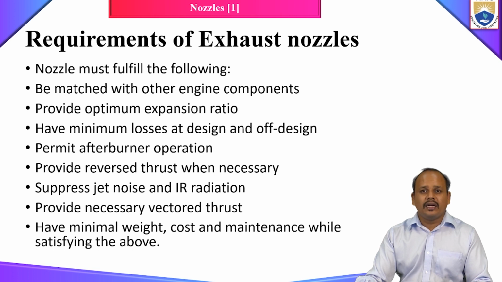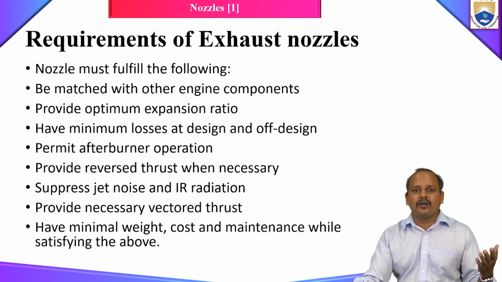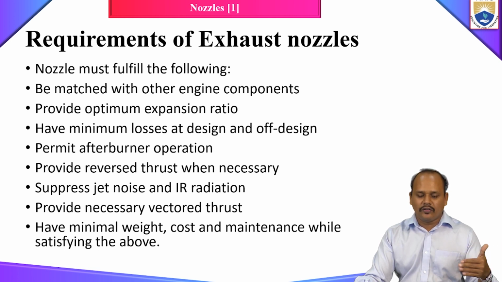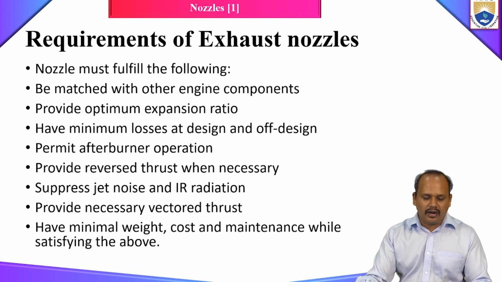And it should provide the necessary vector thrust. For example, in fighter aircraft, if you go with the conventional aileron and flaps for the maneuvering of your aircraft, it will take more time. Instead of that, by changing the direction of your thrust, you can maneuver your aircraft effectively.